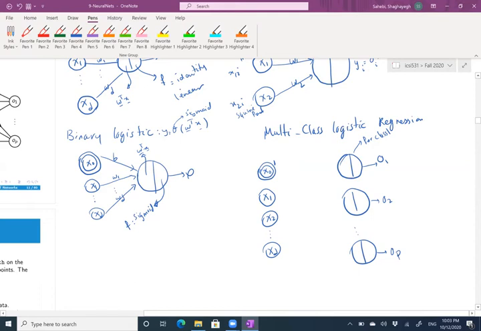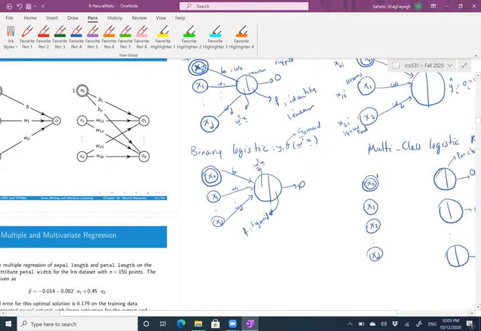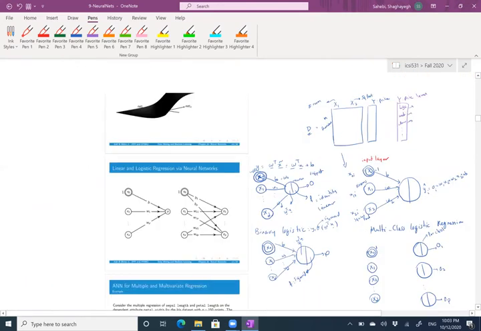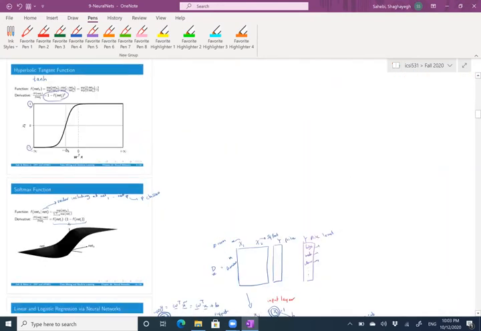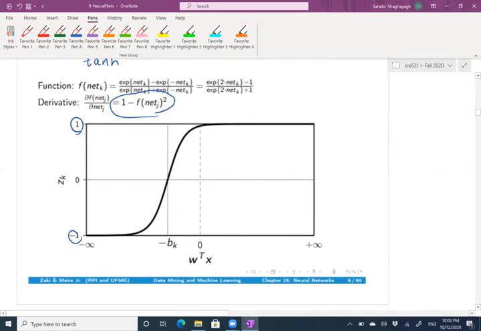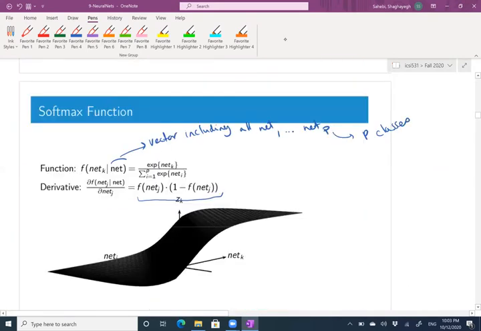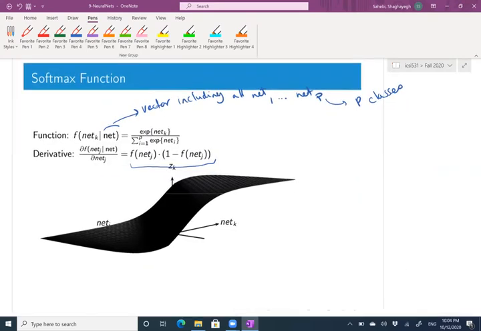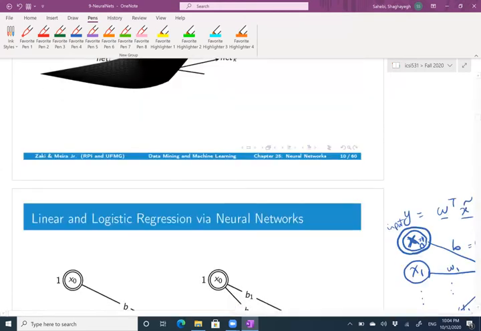What are these outputs? They are basically f of net k associated with class k given all of the net values, right?